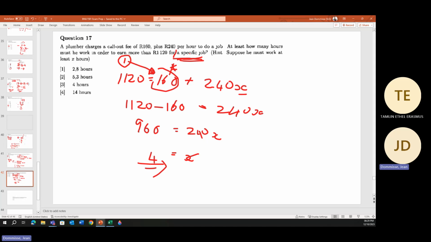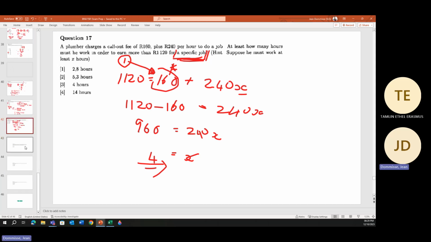Because if it's 2 jobs, then there will be another call out fee. That was why I was wondering if this was correct, but here they did include it: he's working on a specific job, but there's only one call out fee.